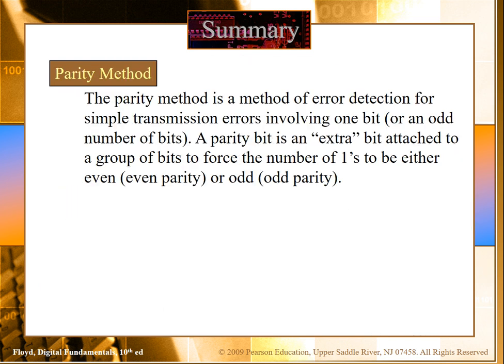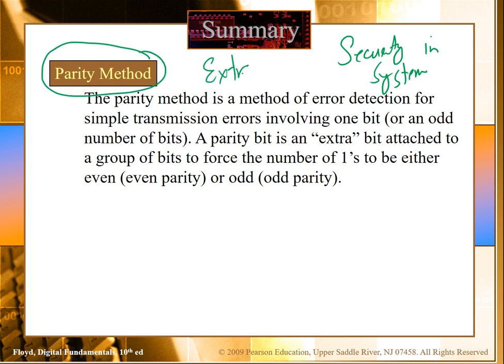Lastly, we want to briefly touch the topic of security in the digital system. We add security in the system by adding an extra bit, and we call this extra bit a parity bit. This method is called the parity method.